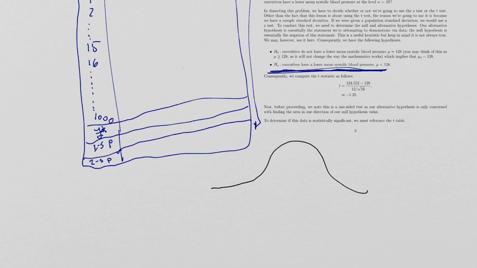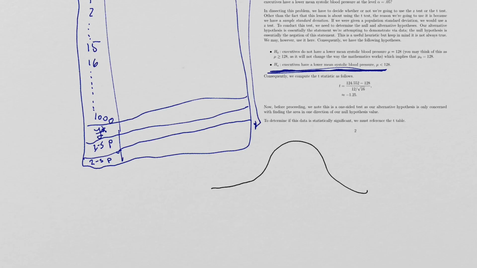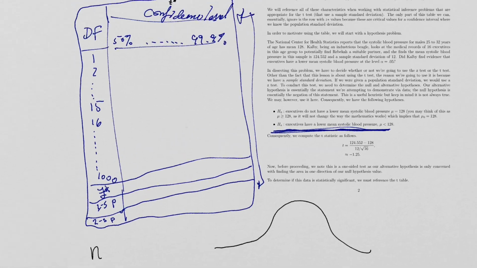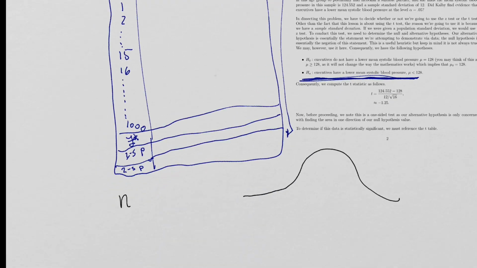As mentioned earlier, we're going to have n minus 1 degrees of freedom. So, n here, if you look above, I'll add it real quick, n is equal to 16, which implies that our degrees of freedom is equal to n minus 1, which is 16 minus 1, which is equal to 15.